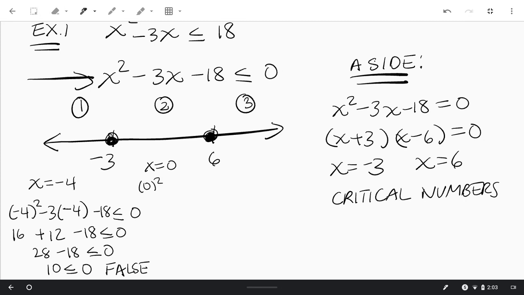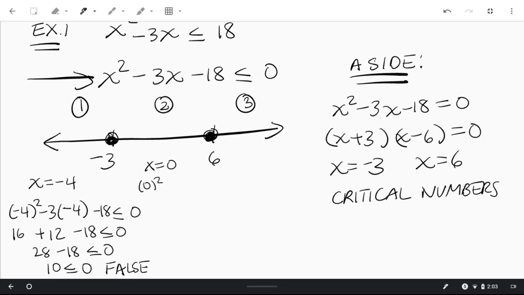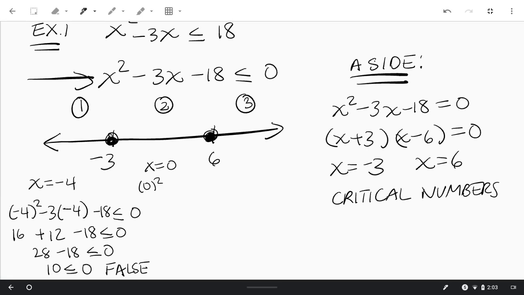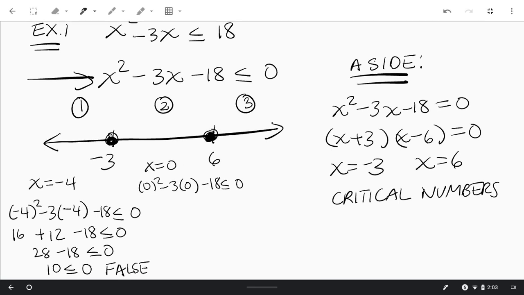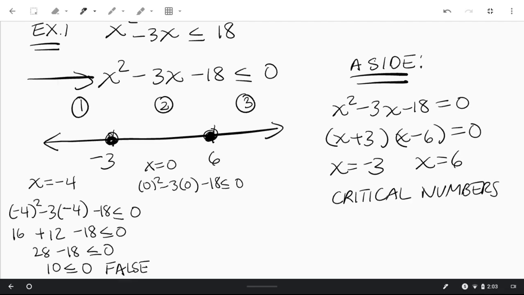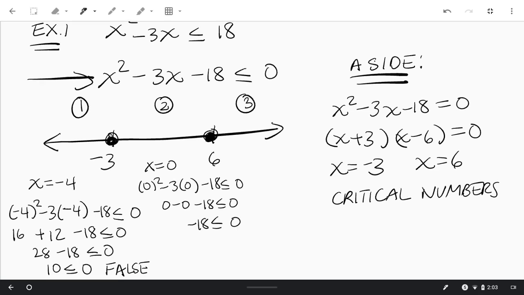When I do, I get 0 squared minus 3 times 0 minus 18. And I want to know, is this less than or equal to 0? Okay, so I get 0 minus 18. And so that gives me -18 is less than or equal to 0.